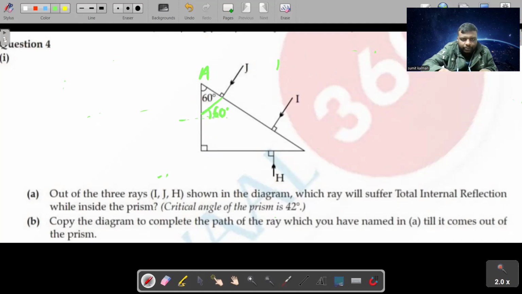Students, as this side AB is vertical, the normal to the vertical face AB is horizontal. So students, the reflected ray here will make 60 degree with the horizontal.